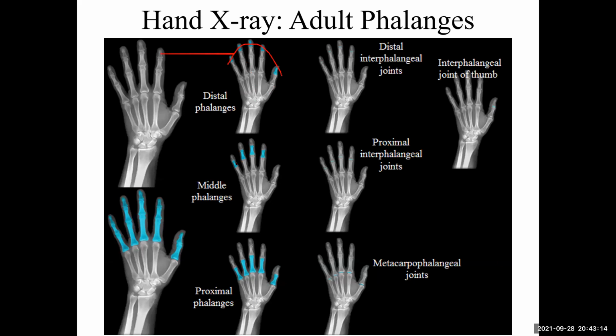But look here, we only have middle phalanges on your fingers 2 through 5. They're the only ones that have them. But you do have 5 proximal phalanges. Thumb does not have a middle phalange.